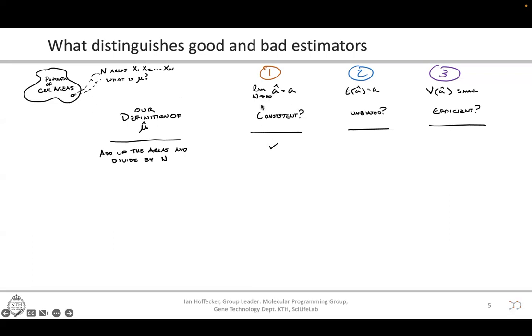This is, of course, the law of large numbers that we explored previously. What about the bias? So is the expected value of a hat equal to a in this case, or is the expected value, the mean of our means, going to equal the population mean? Well, that is also true.